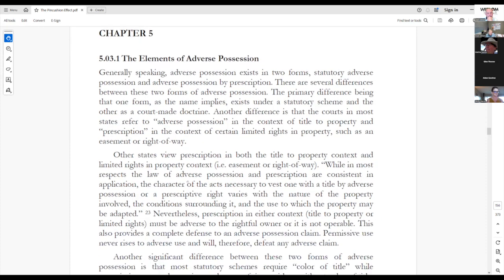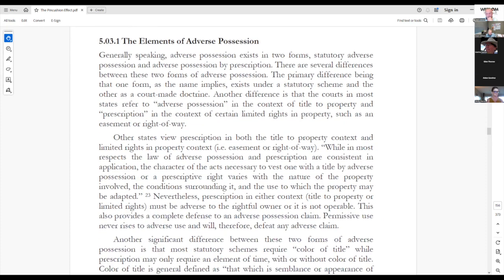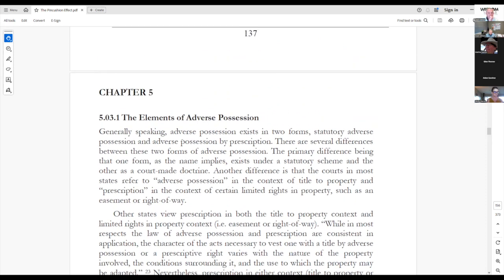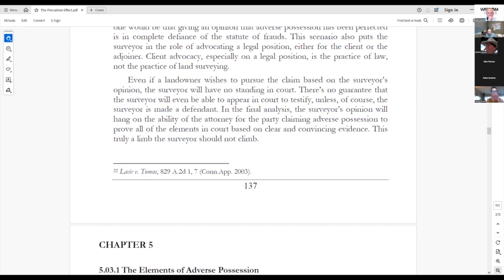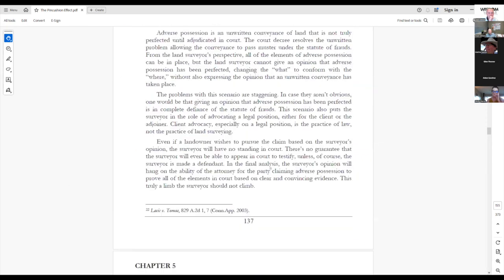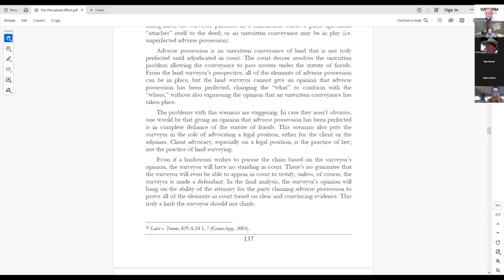Elements. But he says in the book here, and what we need to recognize is when we're doing surveys, whether it's adverse possession or acquiescence or some of these other things that we're going to be talking about today, we need to recognize our role as surveyors. We are hired to do one of two things when we talk about boundary retracement.